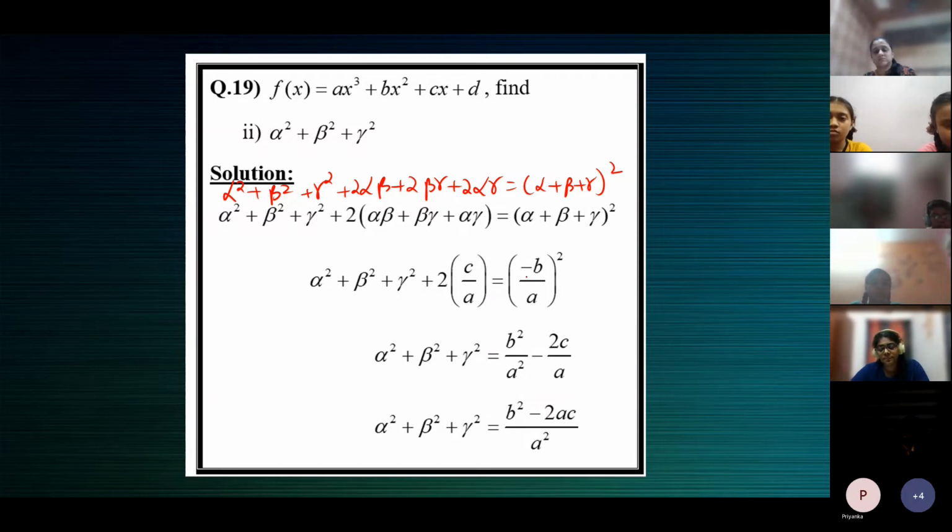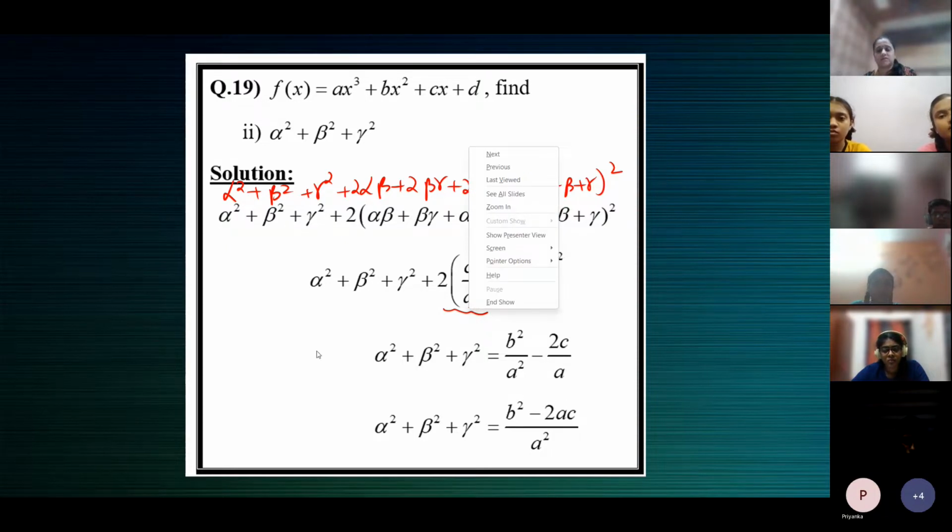So minus B by A the whole square is b square by a square. And on transposing this, minus 2c by a, 2c by a minus 2c by a.